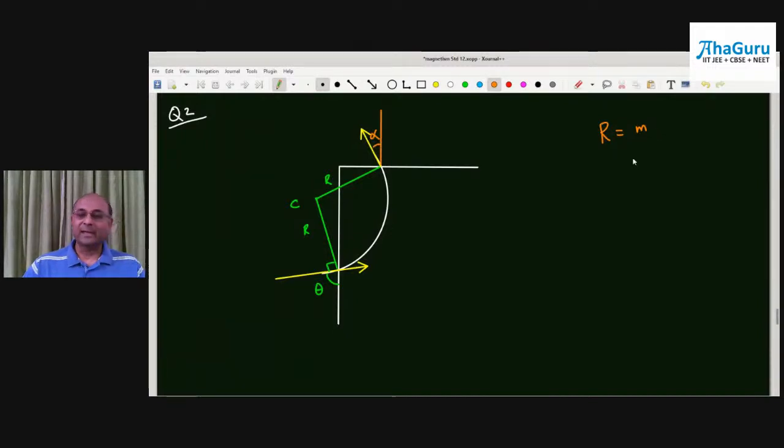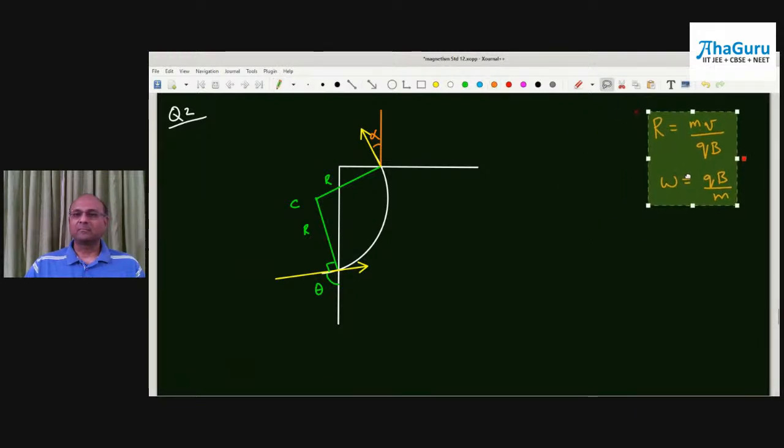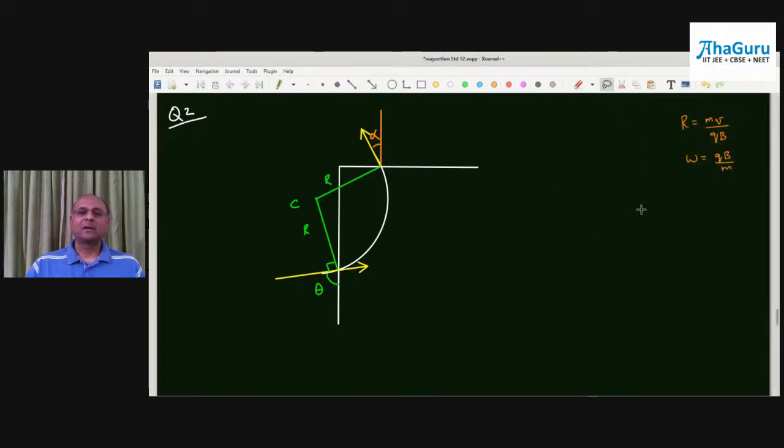I always keep forgetting, mv by qB. Real bad memory. Okay, and omega is qB by m. So these are the two things that we already know in general. So use this information and this diagram and try and solve. Okay, I'm going to give you just about a minute. Last 1 minute. We've been taking too much time for this question.